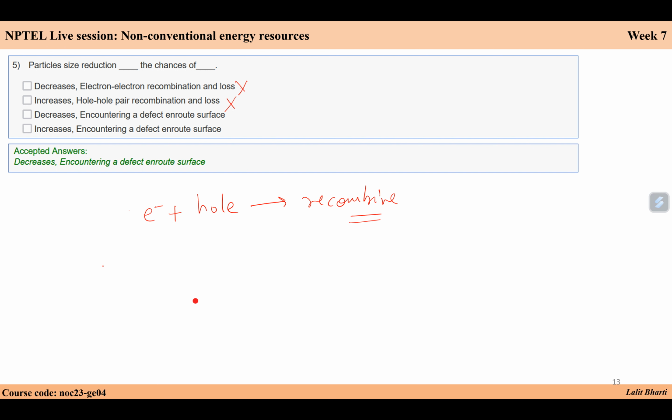So if you have a particle size this and you have a particle size this, by reducing the particle size, in this larger particle size you will be having more surface defects, whereas in the smaller particle you will be having less.